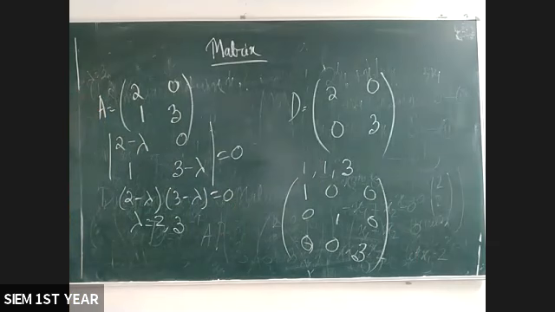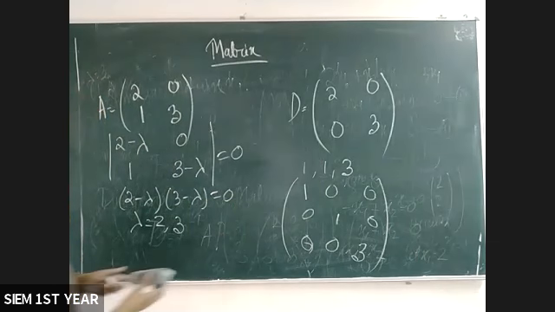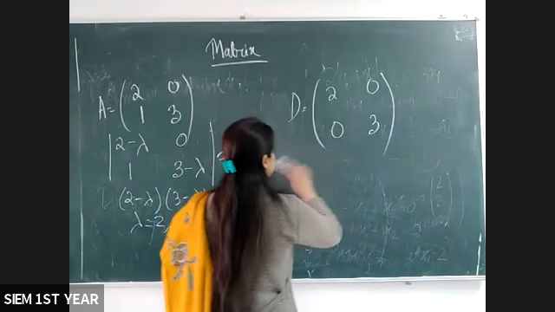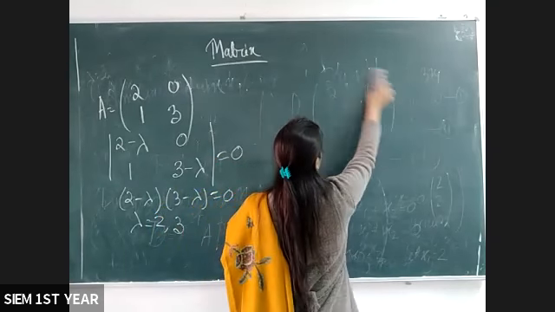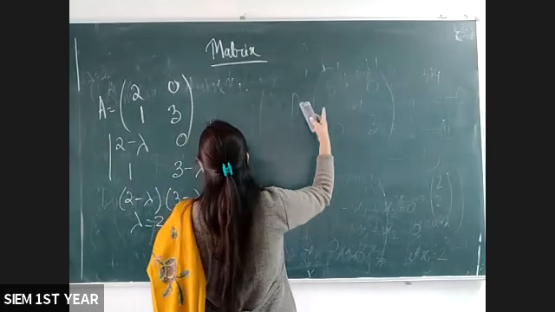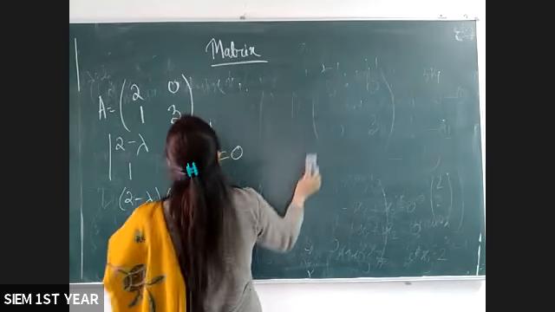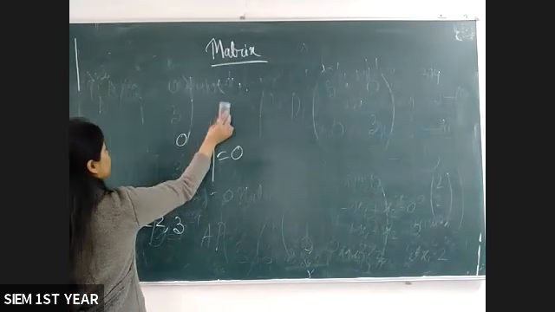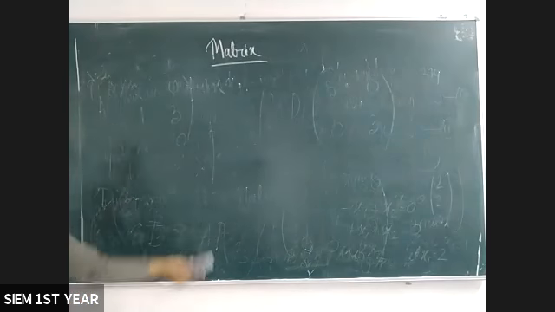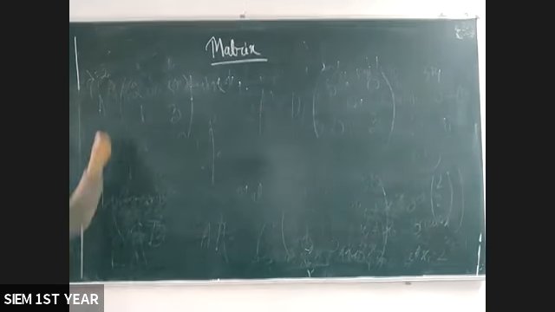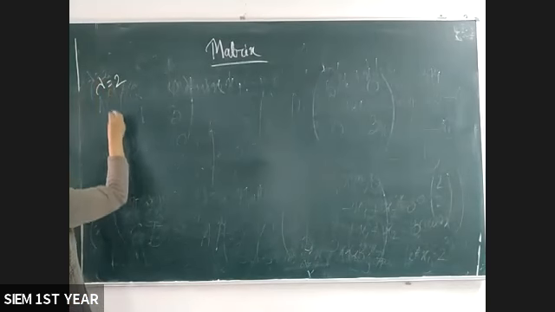So first consider the characteristic equation, solve it, and put the eigenvalues in the diagonal elements, with the remaining elements zero. So lambda is equal to 2, 3. Next we have to find P. To find P, we first have to find the eigenvectors. First consider lambda equal to 2.